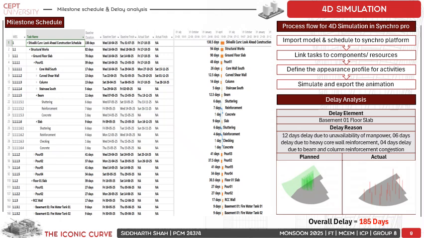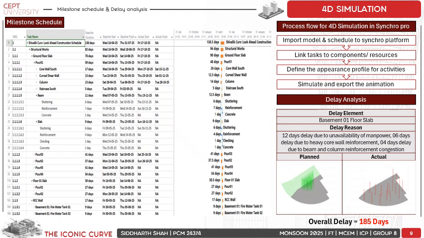It was going to start on 16/4/2024 and planned finish was 31/7/2025, but it actually got started on 17/10/2025. So as you can see here, the overall delay of our project is 185 days.